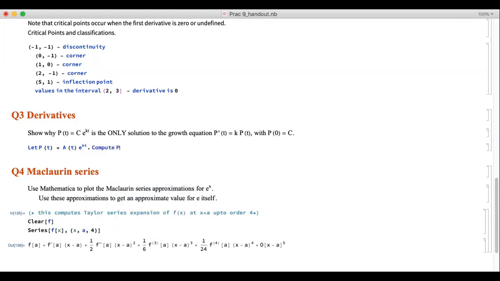Compute P dash and substitute into this equation. Okay, what do you get?